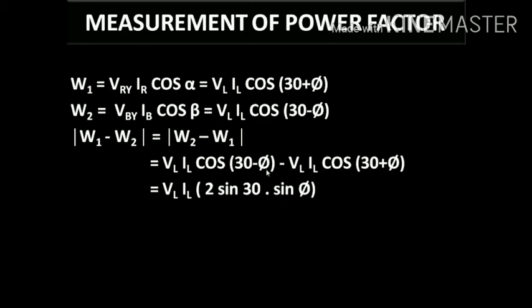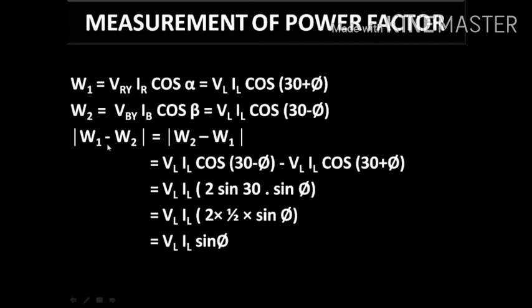So cos(A minus B) minus cos(A plus B) gives rise to 2 sin A into sin B. Then we can write VL into IL into 2 times, instead of sin 30 I am putting the value 1 by 2, into sin phi. So finally what we are getting, W1 minus W2 mod is equal to VL into IL into sin phi.